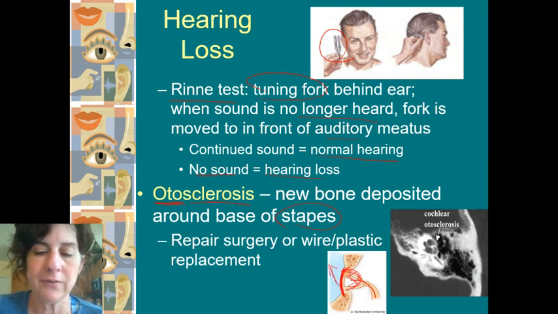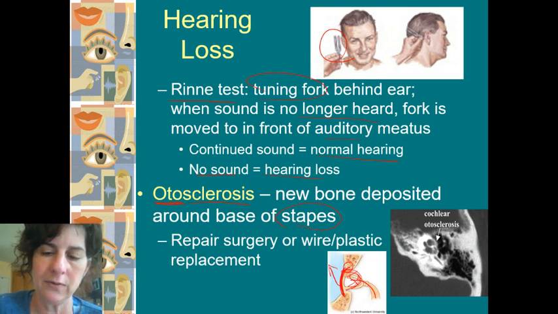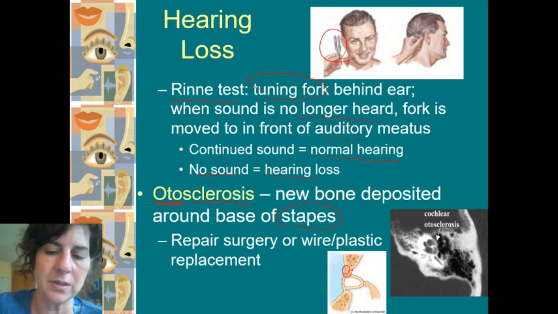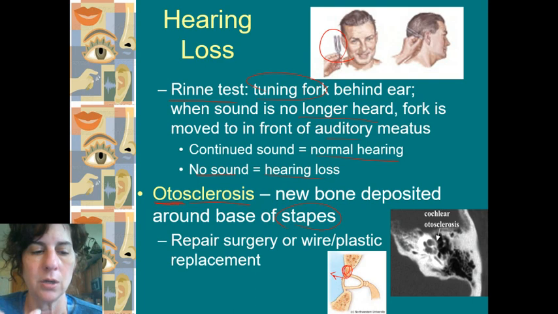If that's ossified, if you've had bone that ossifies and basically seals that bone to the oval window, it can't vibrate, it can't move as much. So you're not going to be able to transmit that sound into the cochlea like you should.